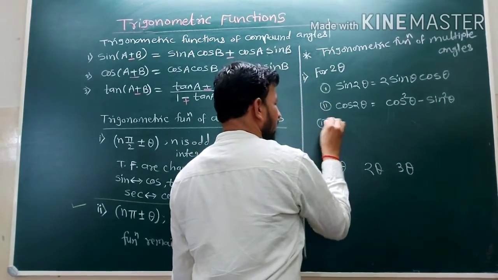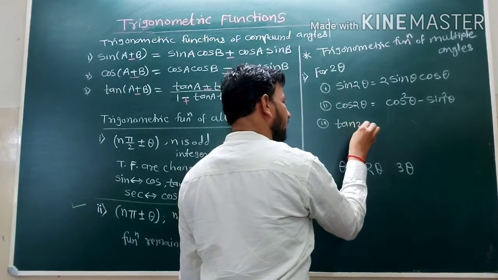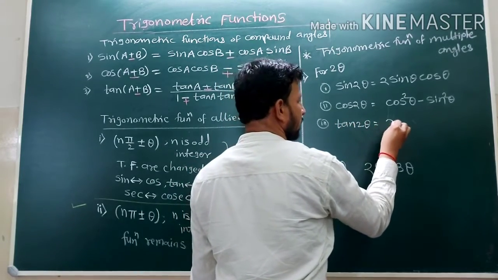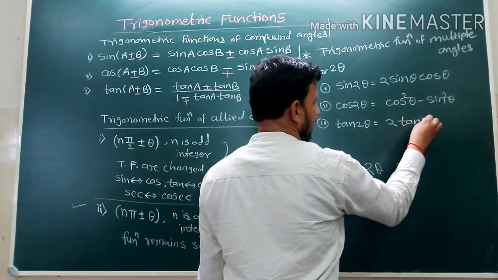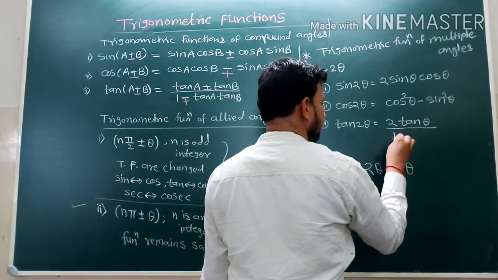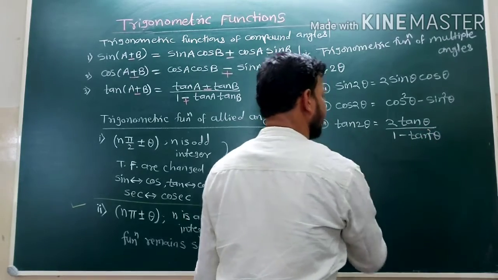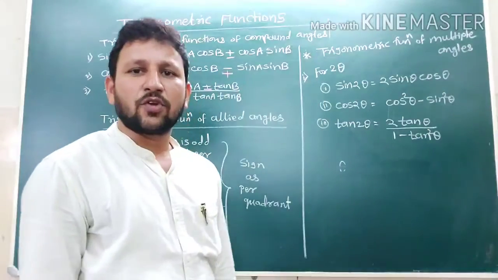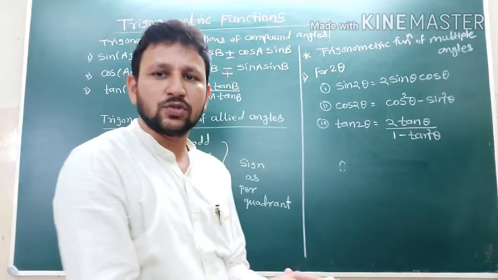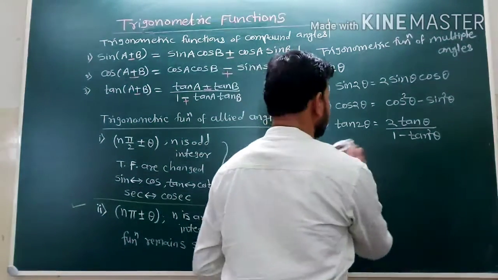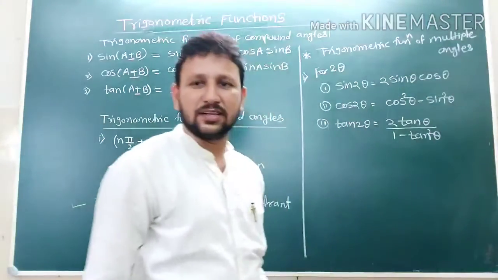Third formula: tan of 2 theta is equal to 2 times tan theta divided by 1 minus tan square theta. These are the formulas for the angle 2 theta for the trigonometric functions sin, cos and tan.